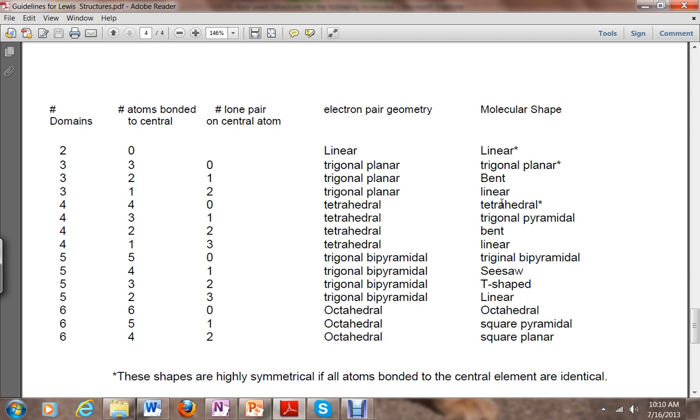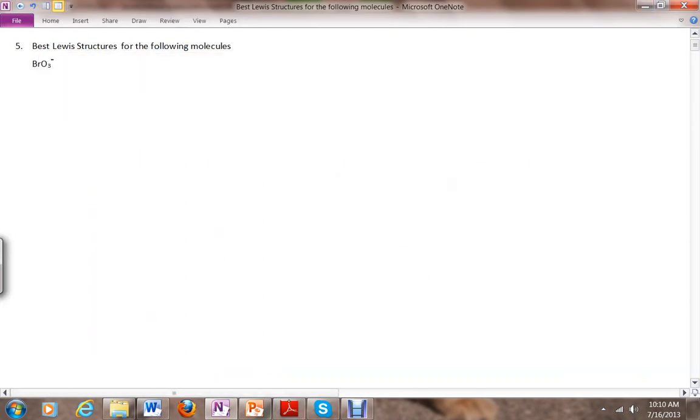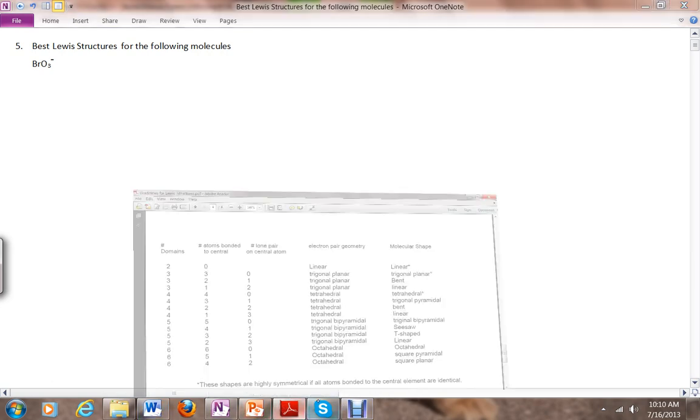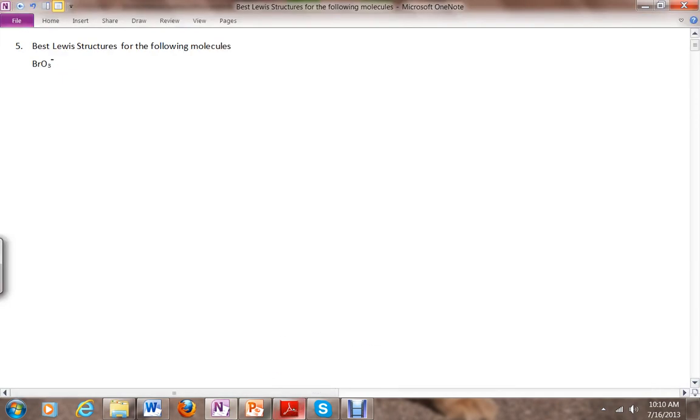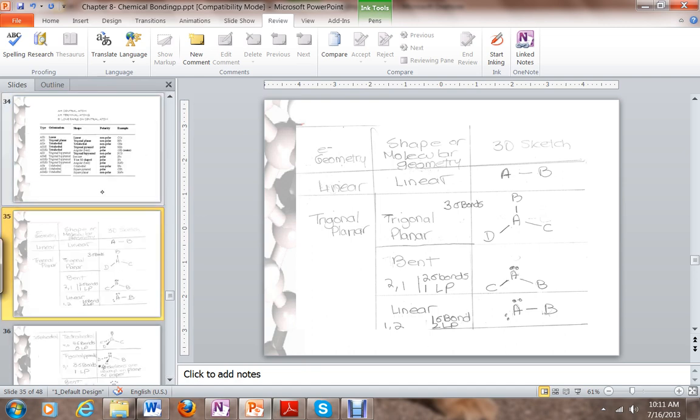As I said, if you learn the 3D sketches, it's not too much, and you would get 1 extra point for the question on the Lewis structure. It's not going to be very complicated.